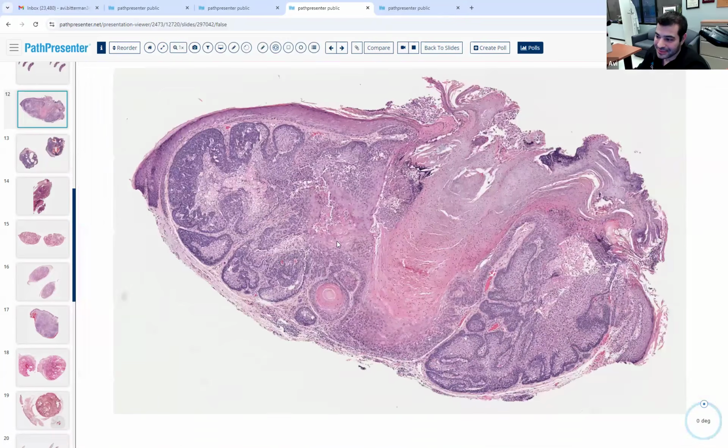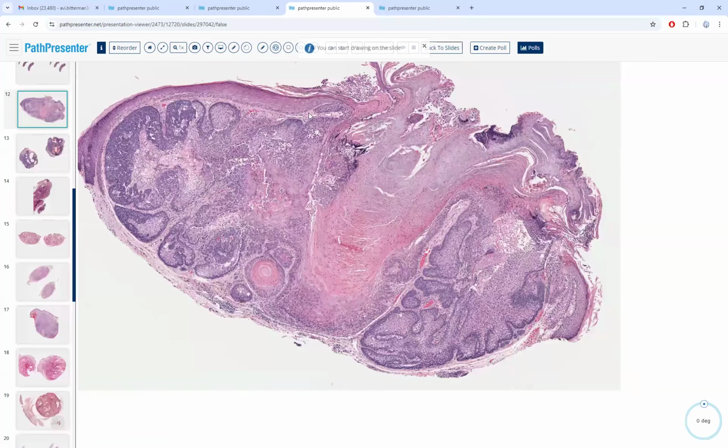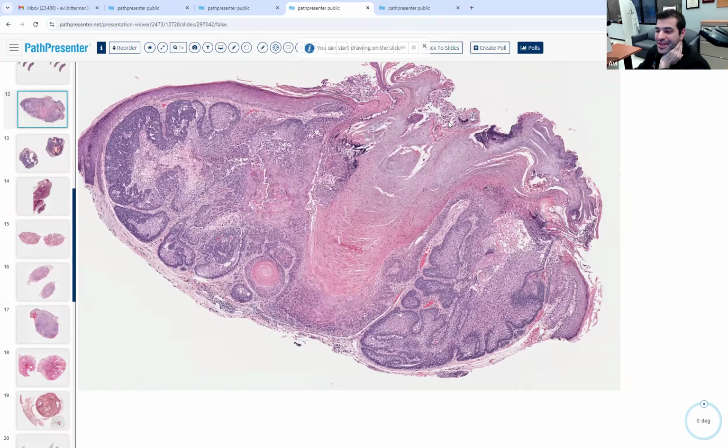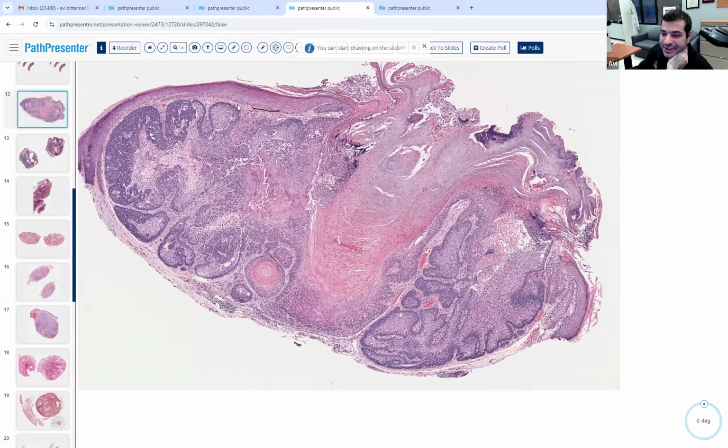So, benign or malignant? Malignant. Why do we say malignant? What are the three things we look for in low power to judge benignity versus malignancy? Symmetry. Circumscription. So is it circumscribed?